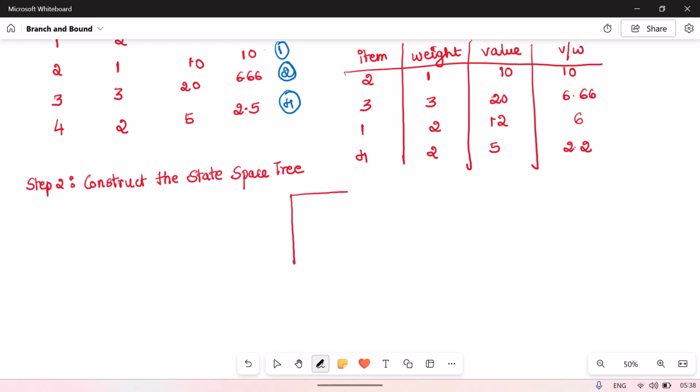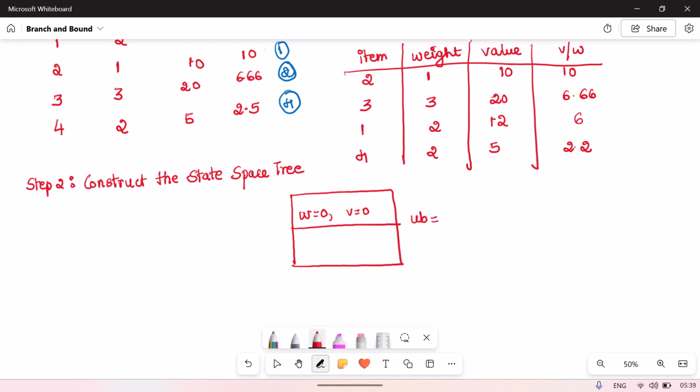Initially, it will be like this. So 0th item, so W equal to 0 and value also equal to 0. So upper bound is, oh sorry, capacity again I forgot to give you. In the problem, they have given the capacity capital W to be 5.